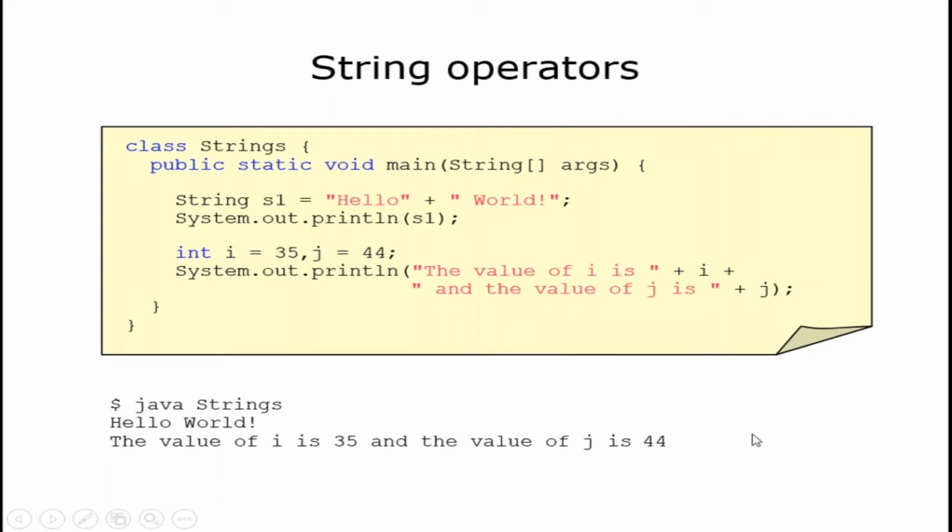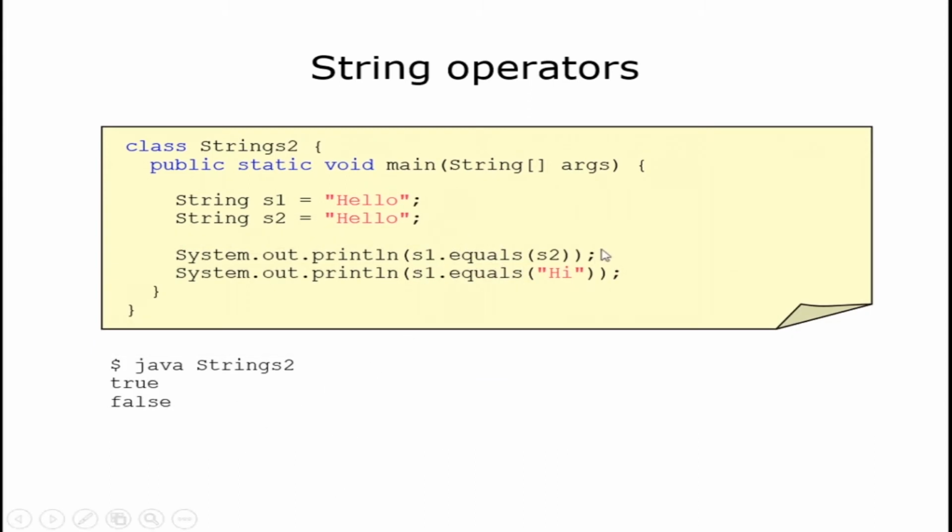Okay, so the next problem is, how are we going to compare strings, since I've already said that we cannot use the relational operators? Java provides a method in the string class called dot equals. This dot equals method functions just as the equal sign, just that it's in word form.